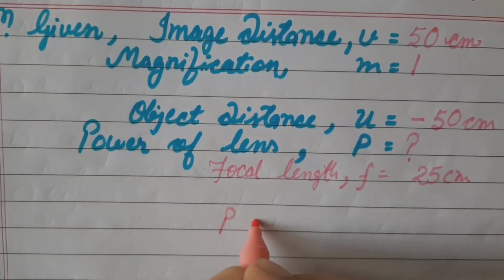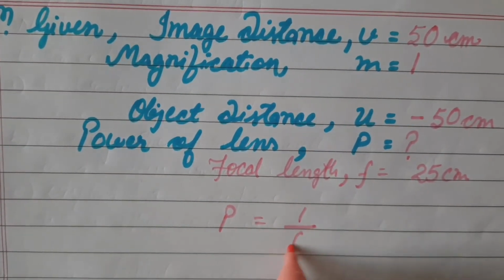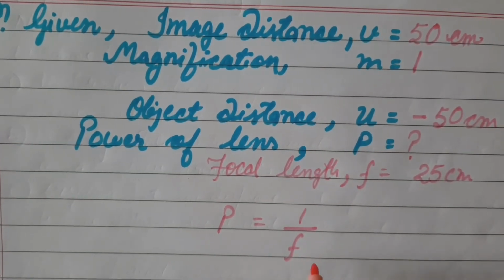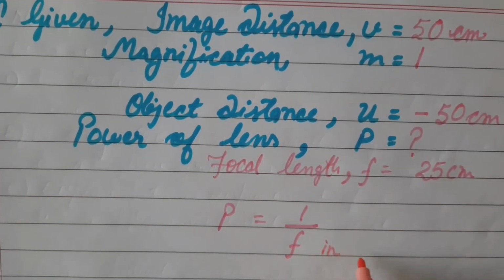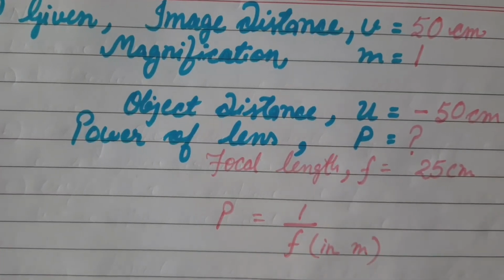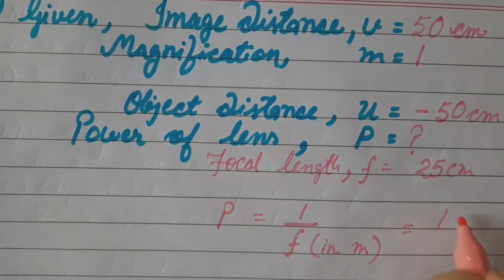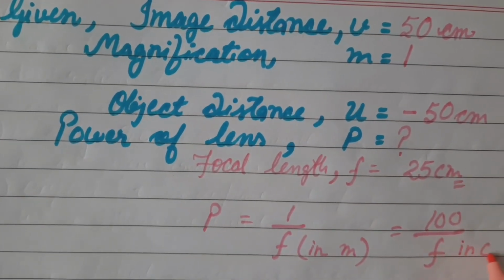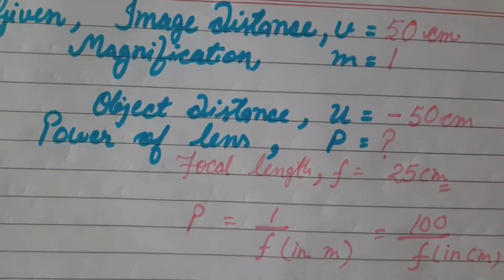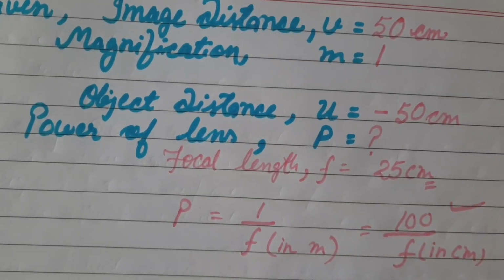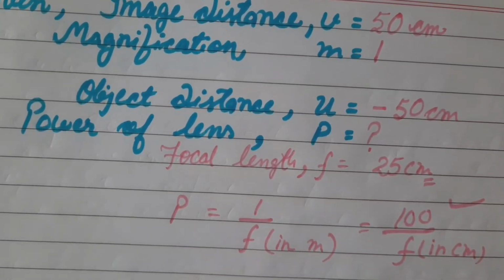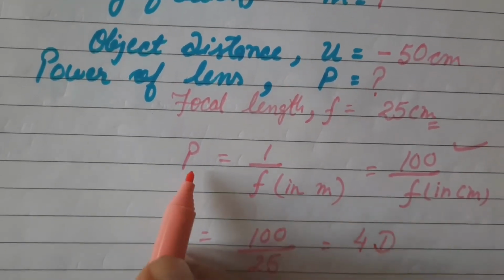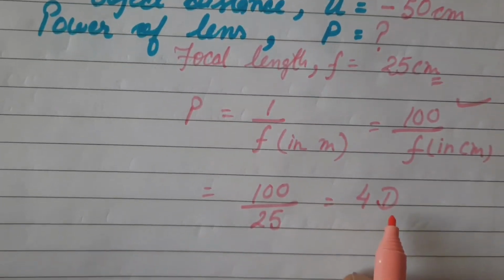Now power, we know that P is equal to 1 over f, if f is in meter, but for centimeter it is 100 upon f. Here it is in centimeter, so we will use the second one. 100 upon 25, the answer will be 4 diopter. The power of the lens used here is 4 diopter.